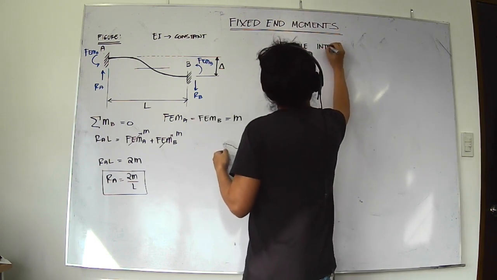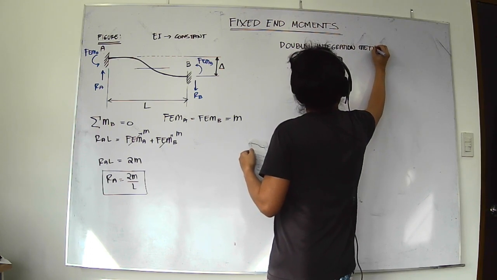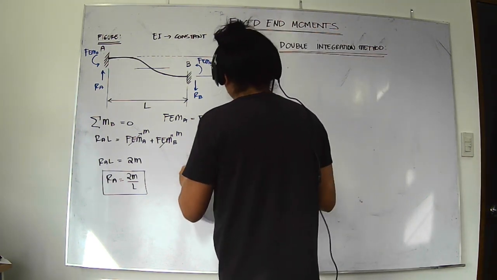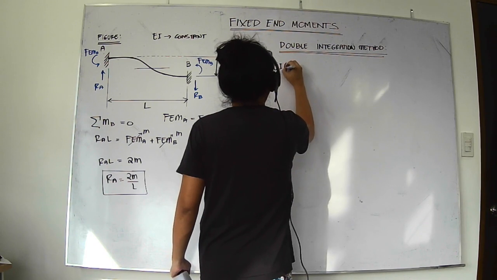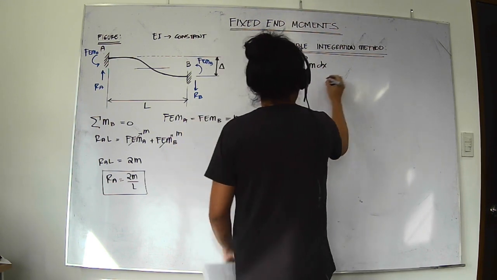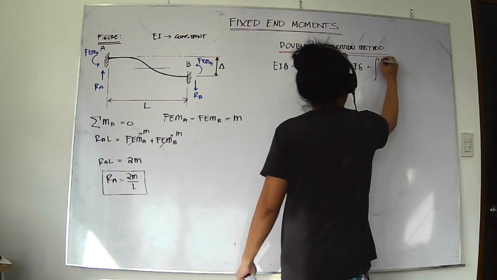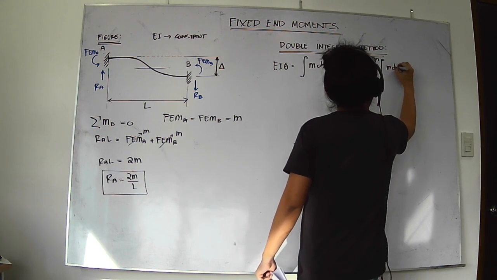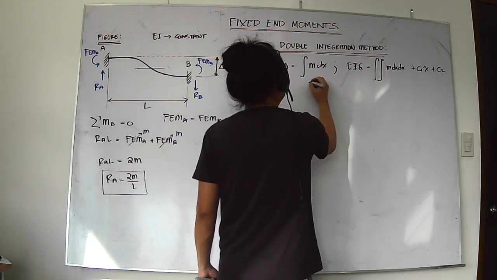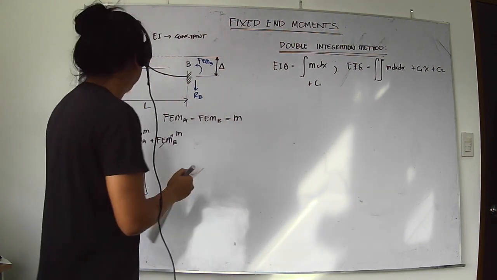The basic equation is EI times the double integral of M dx dx plus C1x plus C2. C1 is the slope. Okay.